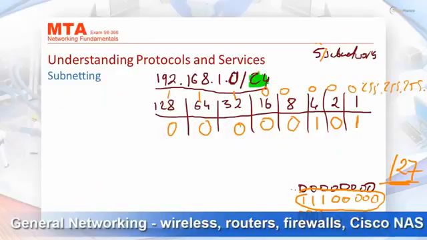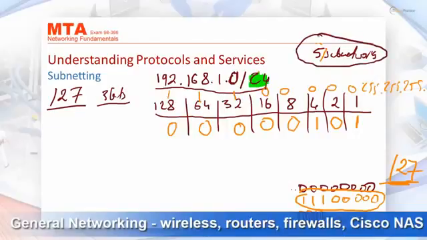Okay, I am ready. So let's summarize what we have calculated so far. We know our new subnet mask is /27 and we know we need 3 bits. Okay, that's good. That's a lot. Now the last step. We have to create our ranges. What does it mean? They asked for 5 subnetworks.